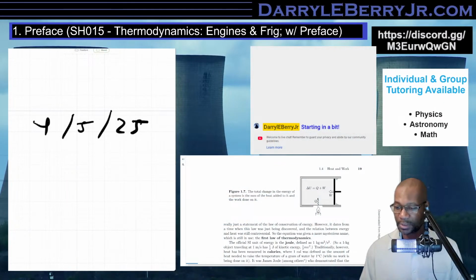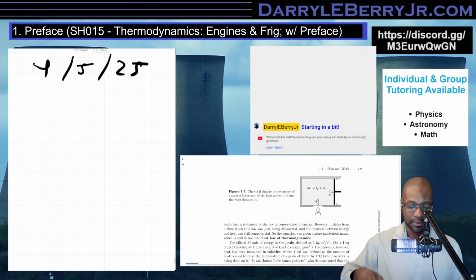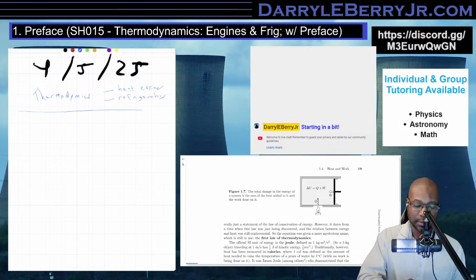So I'll do a preface with a little bit of the laws, the first and second law. So we're talking thermodynamics, heat engines, refrigerators, right?